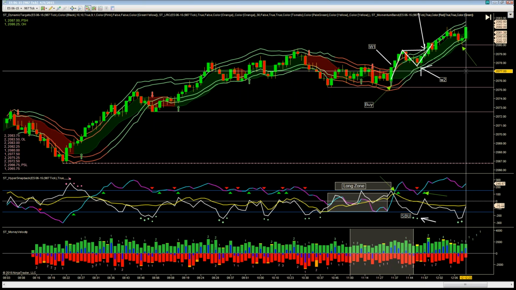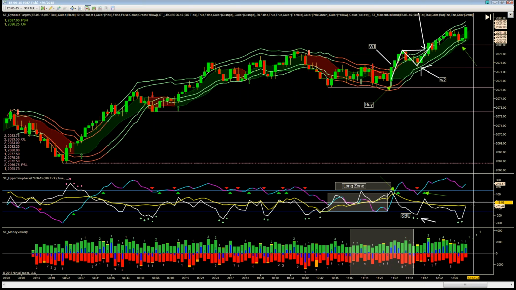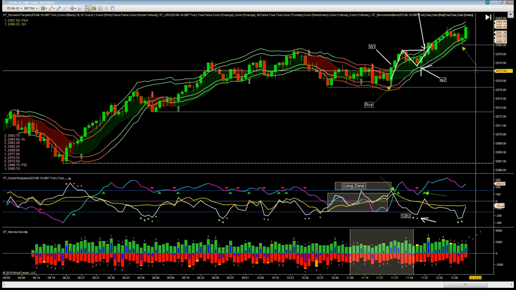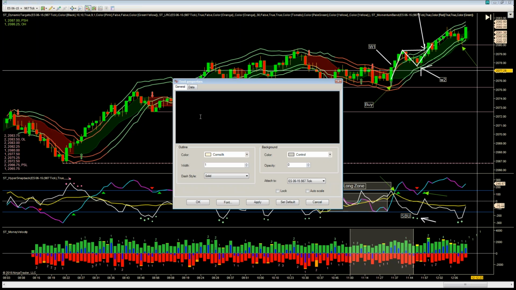So that is also a buy signal because it's another white snapback. So this is a snapback up. Buy.